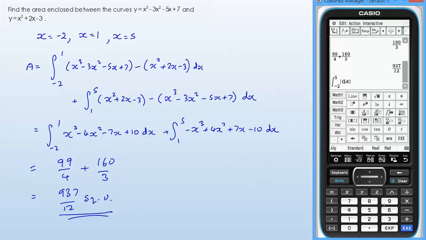It doesn't matter which way round you do it, but I'm going to do the cubic, x cubed minus 3x squared minus 5x, add 7, take away the quadratic, which is x squared, add 2x, take away 3, just make sure that's dx, and it should give us exactly the same answer, 937 over 12. So it's a useful trick to remember.